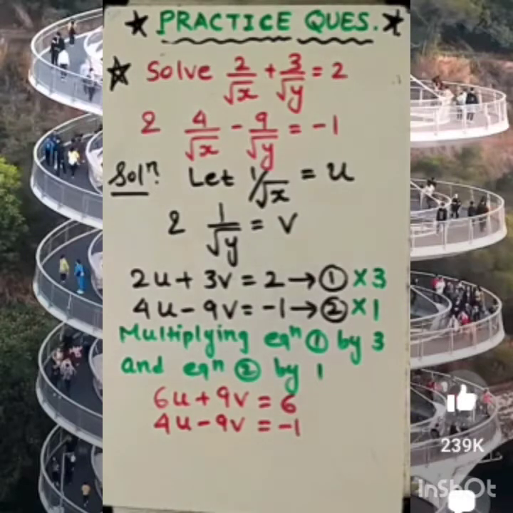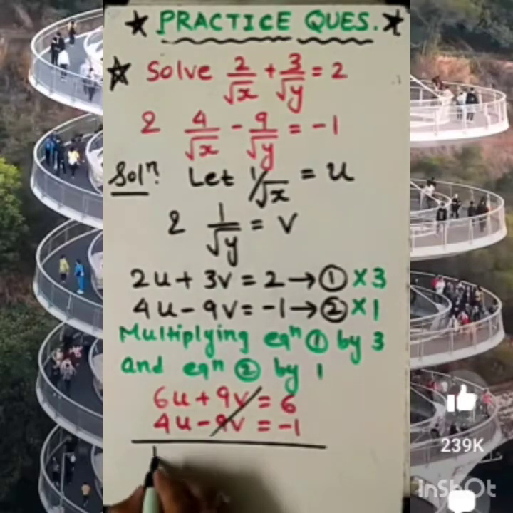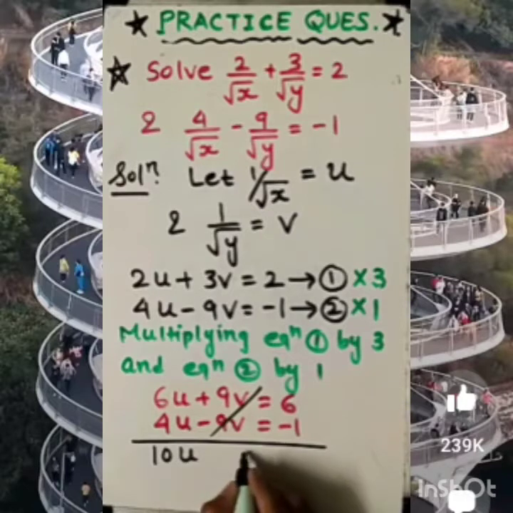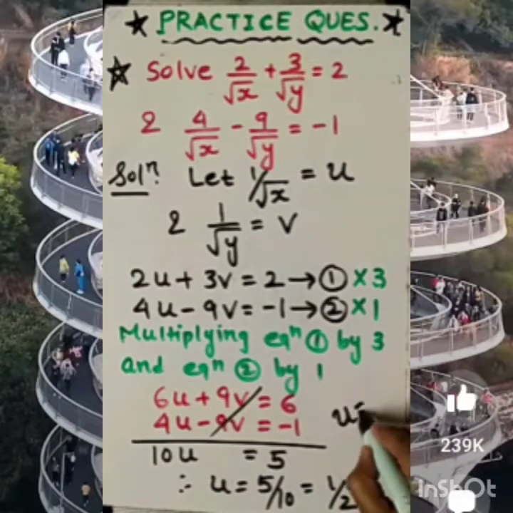No such changes. So dear student, here we know this is eliminating. Here 6 plus 4 is 10u, 6 minus 1 is 5. Therefore u equal to 5 by 10. 5 by 10 indicates 1/2. So the value of u we got is u equal to 1/2.